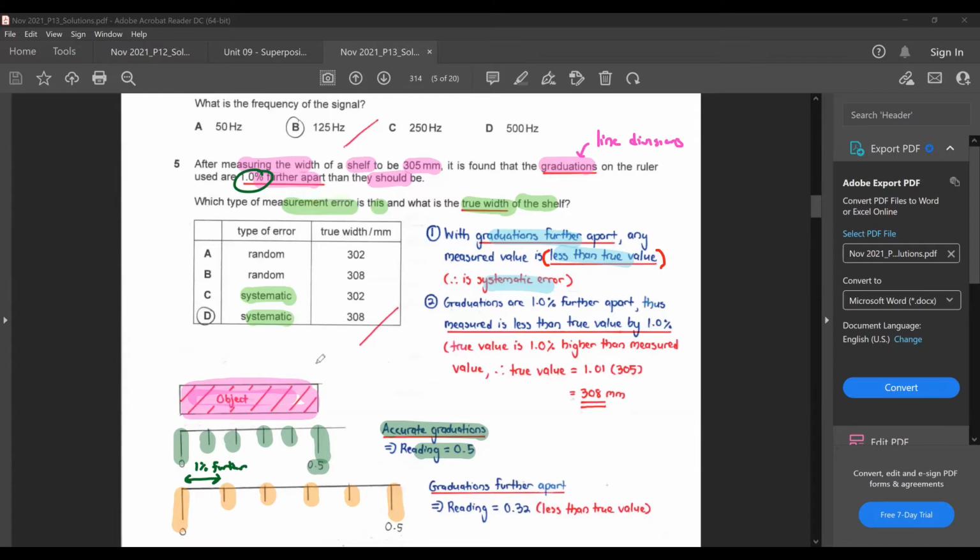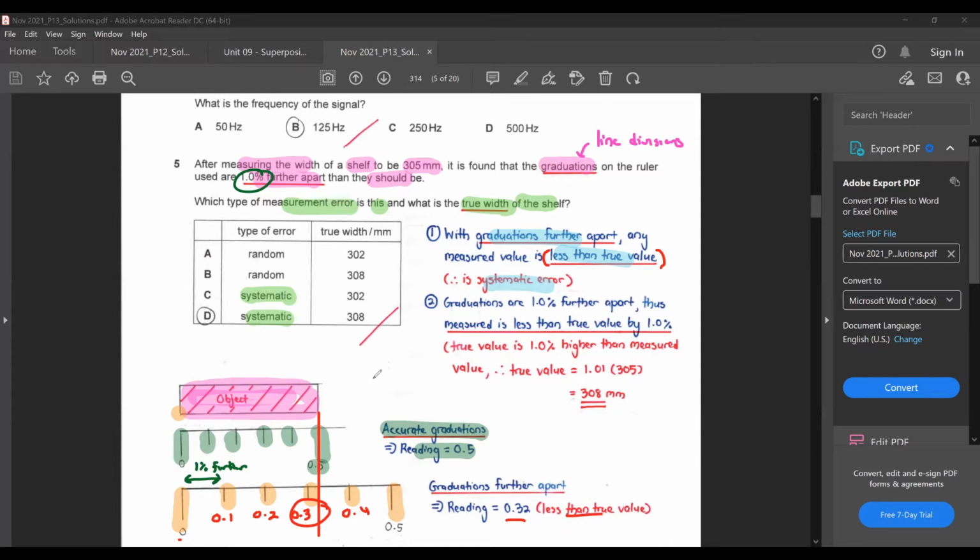Now, if you use this same ruler to measure that same object, notice that your ruler reading will now be somewhere around here. Okay, so if this one was 0, 0.1, 0.2, this one is 0.3, and then this one is 0.4. So maybe for the sake of discussion, I say that this is 0.32. You see, it's actually less than the true value.